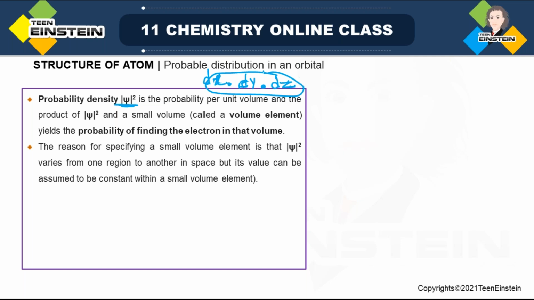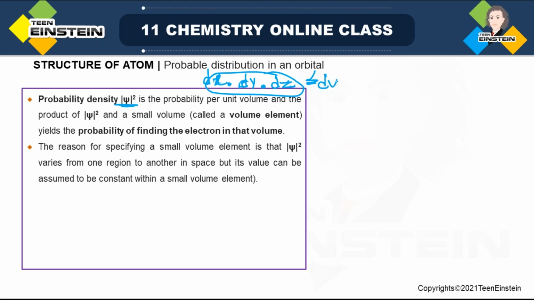We call it the unit volume. So psi square is called the probability density. What is probability density? It is the probability per unit volume. You can consider the unit volume as dx dy dz, or generally we can write it as dv, a small volume element.